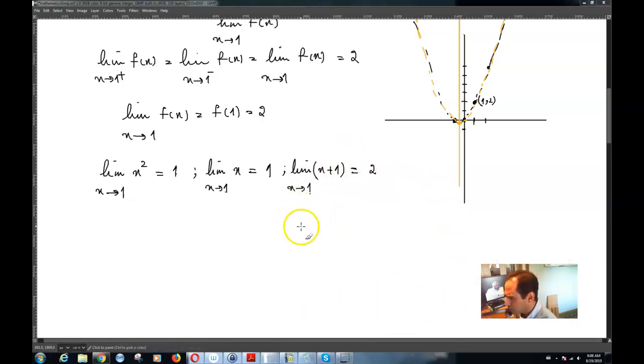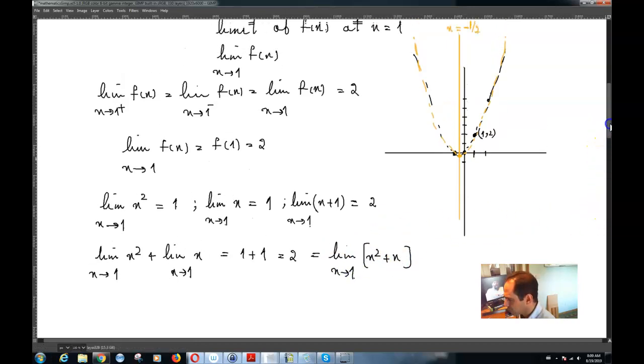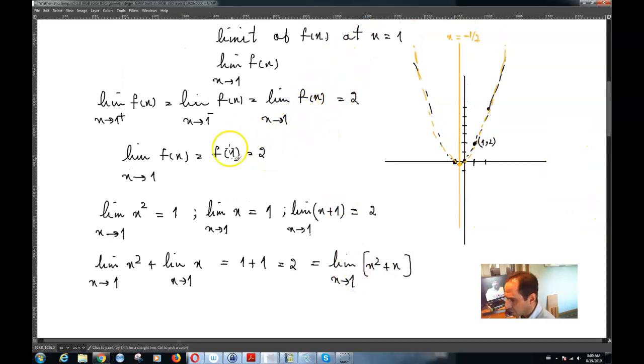So now what happens here is that you can see that the limit of x squared plus the limit of x, again as x tends to 1, is equal to 1 plus 1, which is equal to 2, and that is equal to the limit of x squared plus x as x tends to 1.